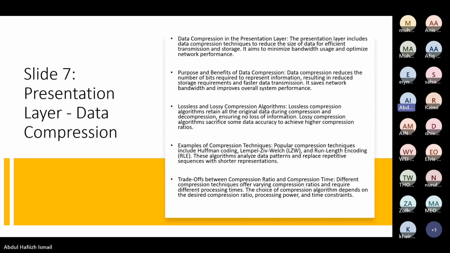Secondly, data compression leads to faster data transmission. Smaller data size means fewer bits to transmit, resulting in faster transfer speeds and reduced network congestion. So there are two main types of compression algorithms, lossless and lossy compression.